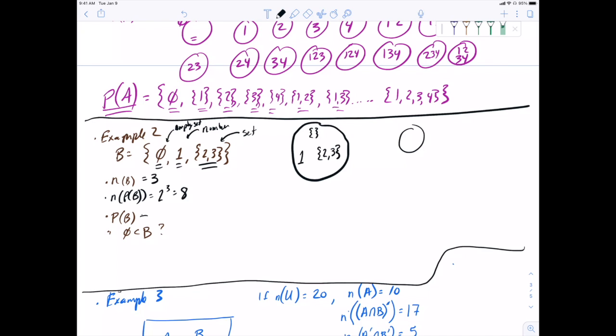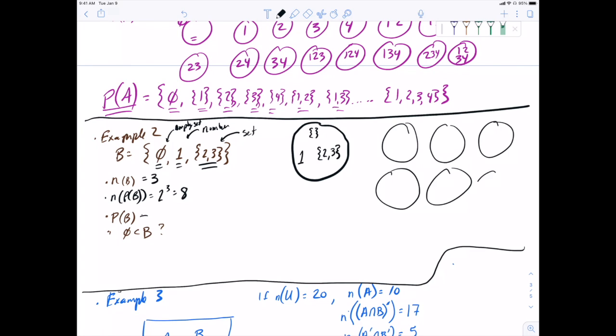1, 2, 3, 4, 5, 6, 7, 8. Well, we know that one of them is the empty set itself. So this has nothing in it. Then we have the 3 things themselves. So we have an empty set. Then we have the number 1.